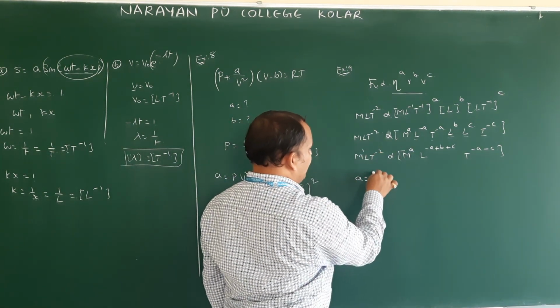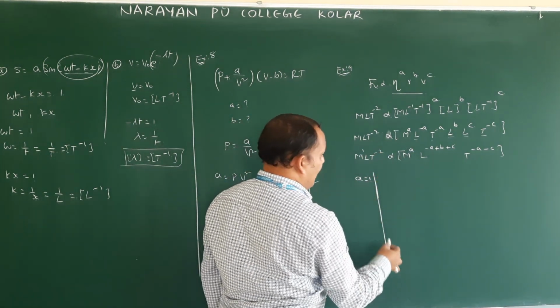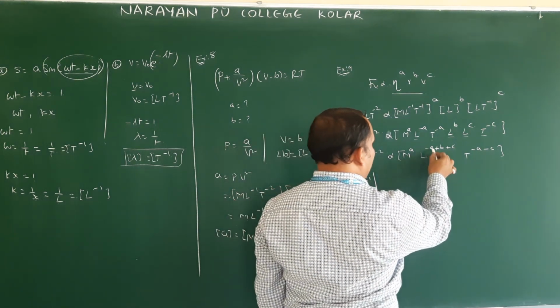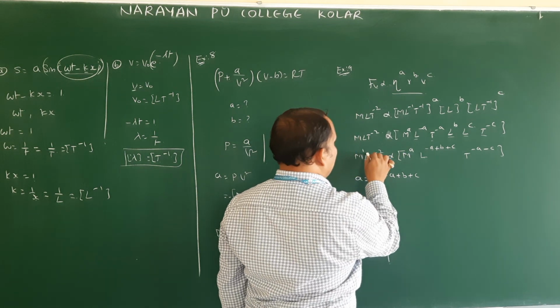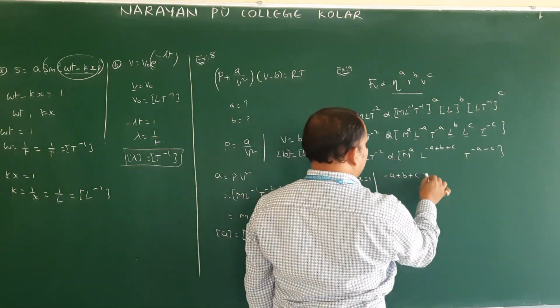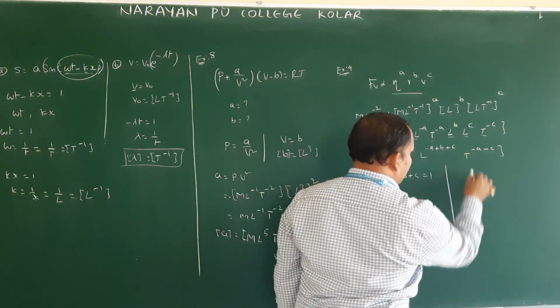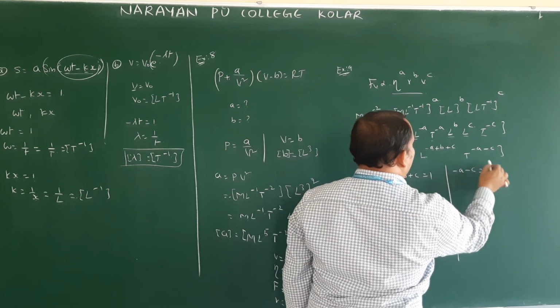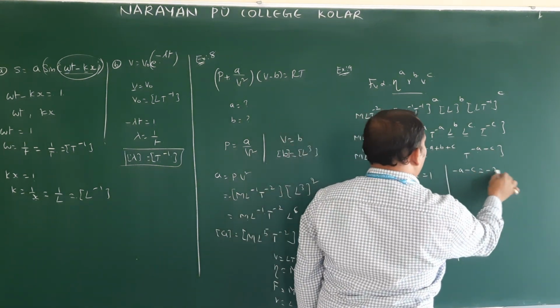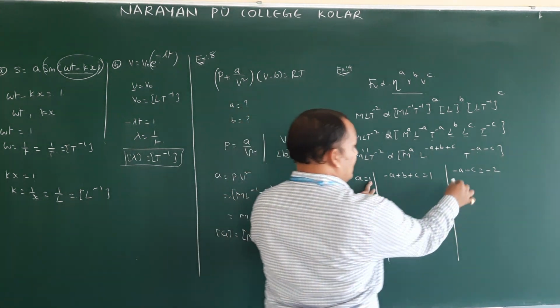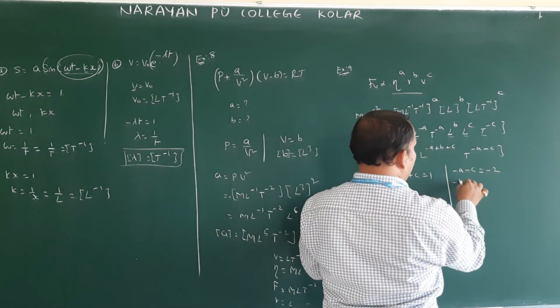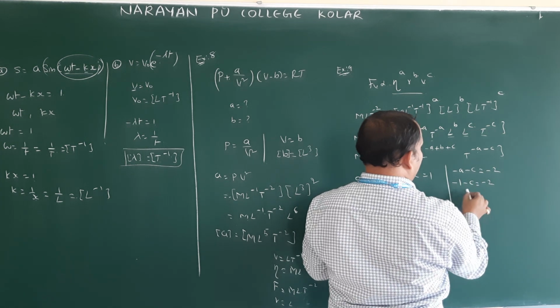So then a is equal to 1. Let's compare L power: minus a plus b plus c here, how much is there? 1. Compare T power: minus a minus c here, how much is there? Minus 2. A value how much did you get? 1. Substitute this: minus a value 1, minus c is equal to minus 2.